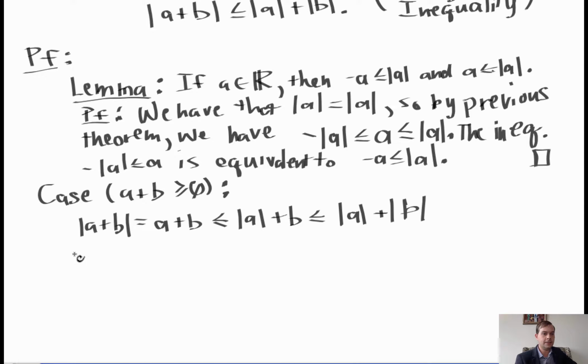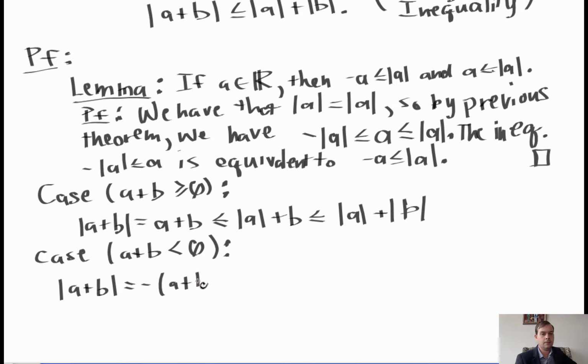The next case is that a plus b is less than 0. And so then we're going to have that the absolute value of a plus b will accrue a net negative sign, but then the distributive property gives us minus a plus minus b.